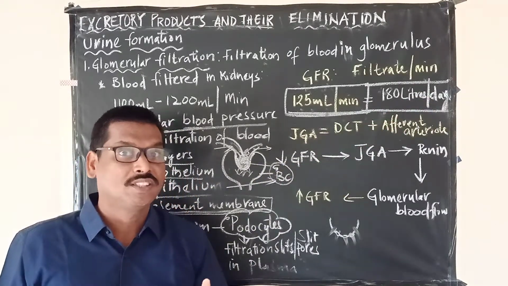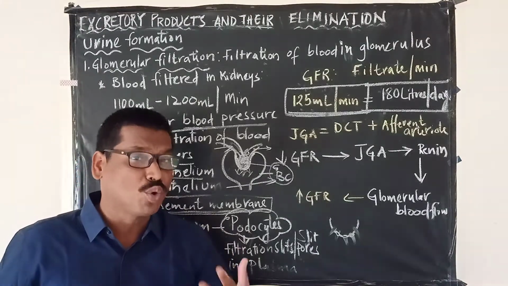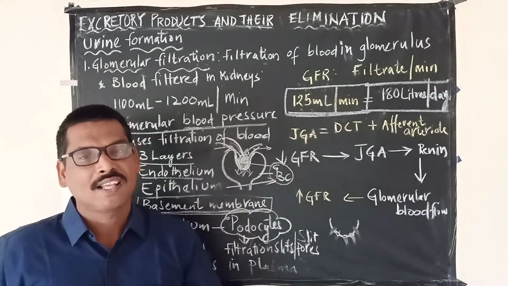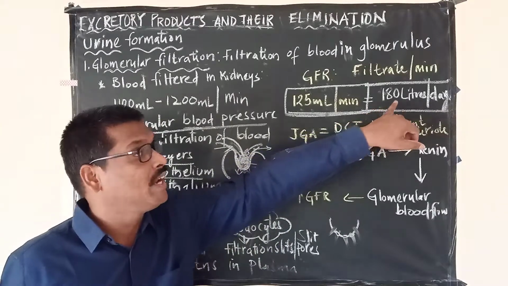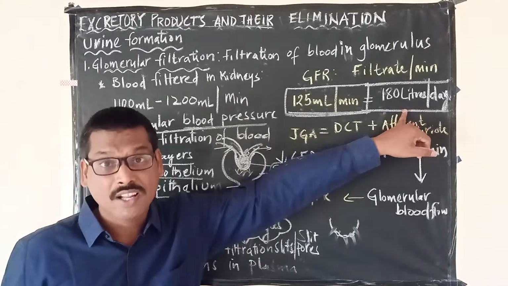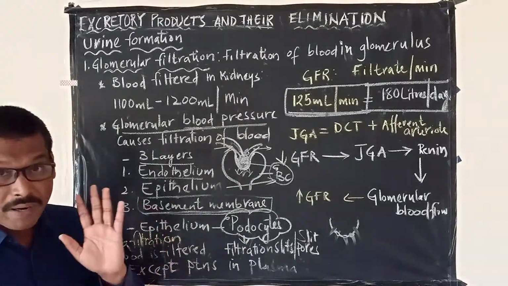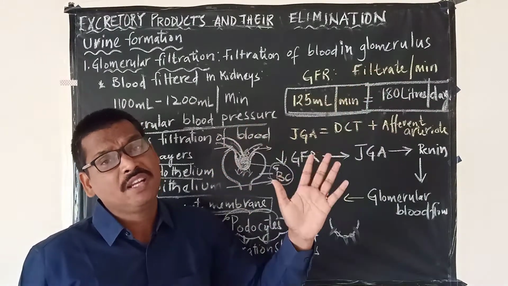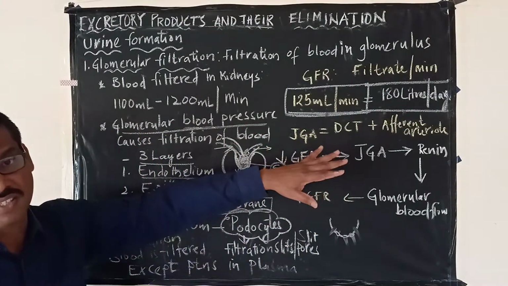We would be losing so much water and would have to take in so much water again, which is highly impossible because we are terrestrial animals. Is it all eliminated? No, it will not be. About 90% to 99% is absorbed back. We will be discussing that.